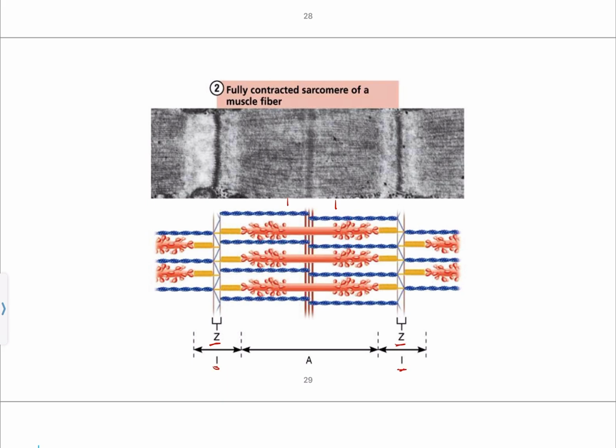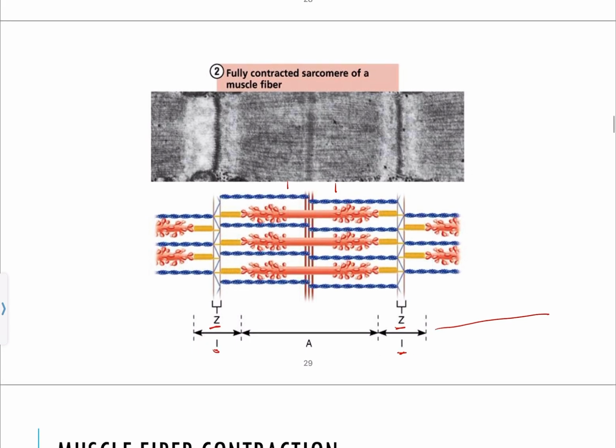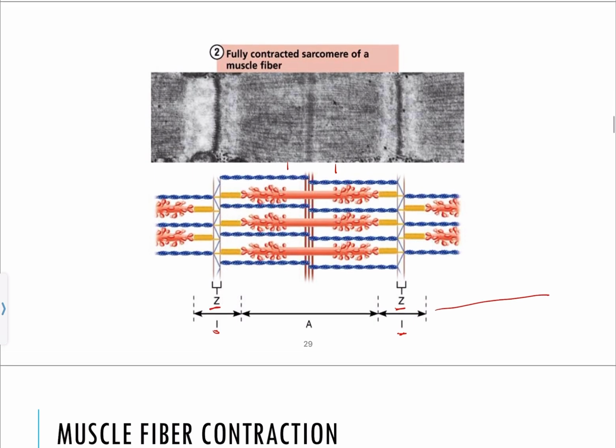Because we've overlapped them even more, our Z lines and our I bands have effectively come closer to each other, or shortened in length. That's what they're telling you right here. And because of that, adjacent A bands are also closer to each other because we reduced our I bands. So those are a couple of things to keep in mind about what it looks like when we contract our muscles.